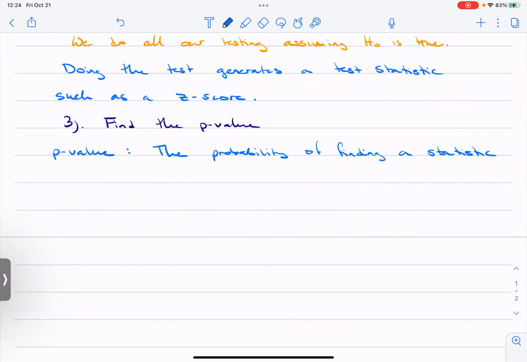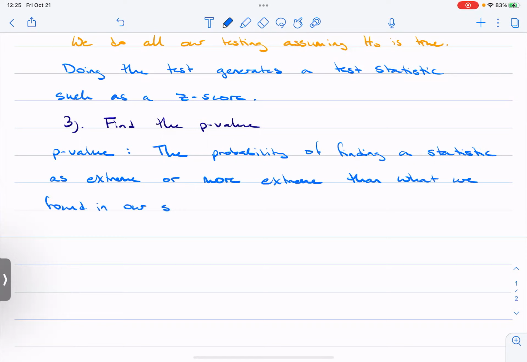So the probability of finding a statistic as extreme or more extreme, oops, spelled or with an E, changing the meaning completely, although it might be nice, or more extreme than what we found in our sample, assuming H naught is true. Oops. That doesn't look like true.